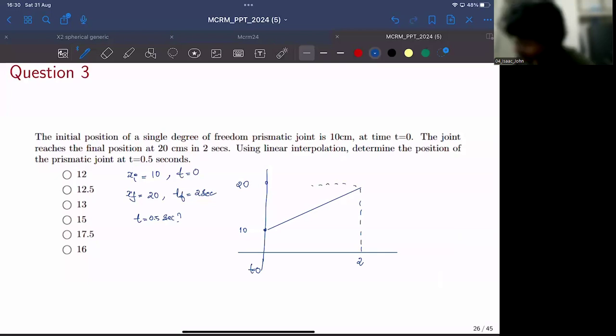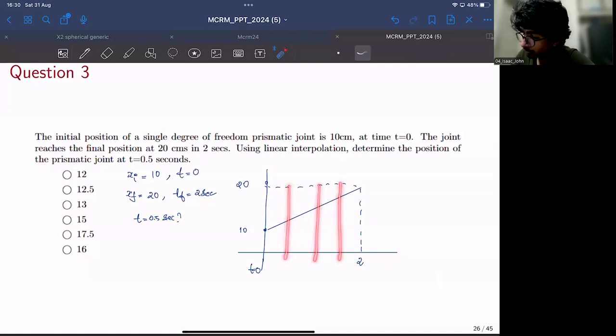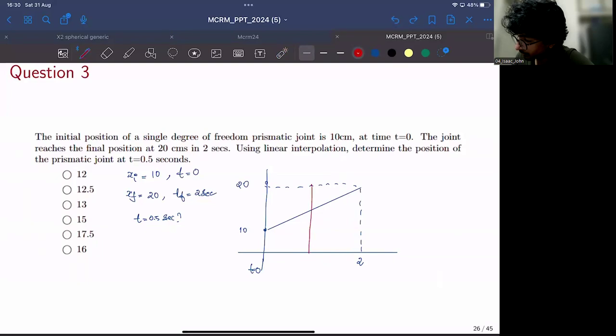Since this is a straight line problem, one way you can do it is to divide the 2 seconds into four equal divisions, right?